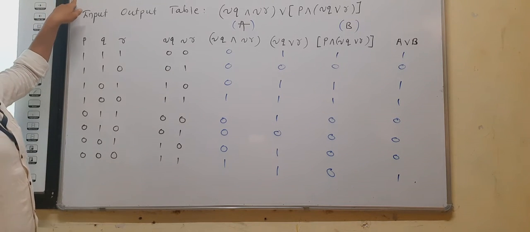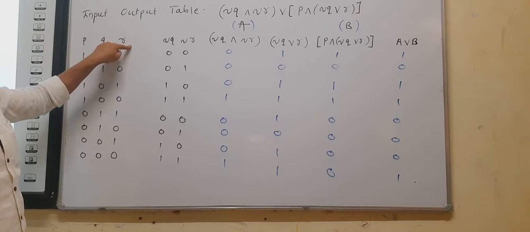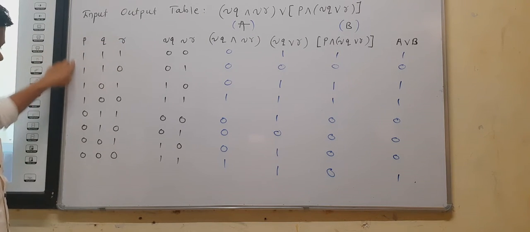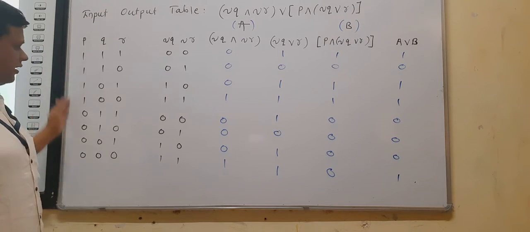The total number of statements is 3, so we write P, Q, R. In P, Q, R we have to take 8 truth values. You know the procedure for how to take the entries.